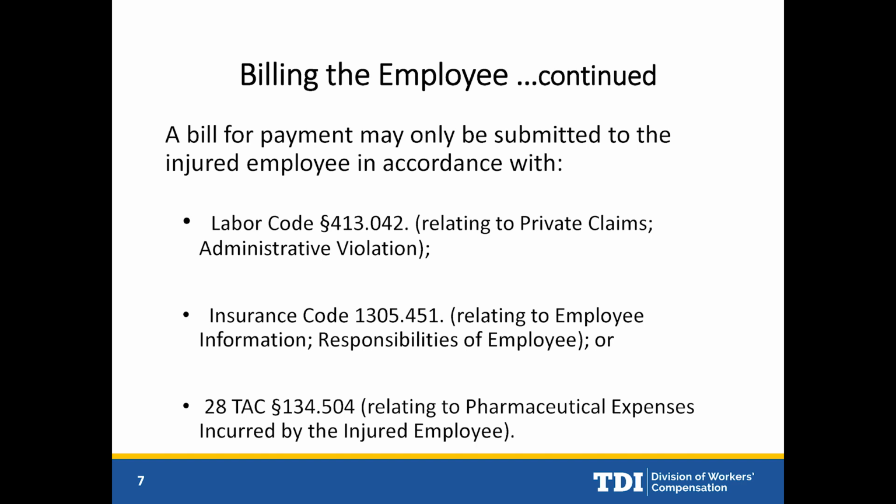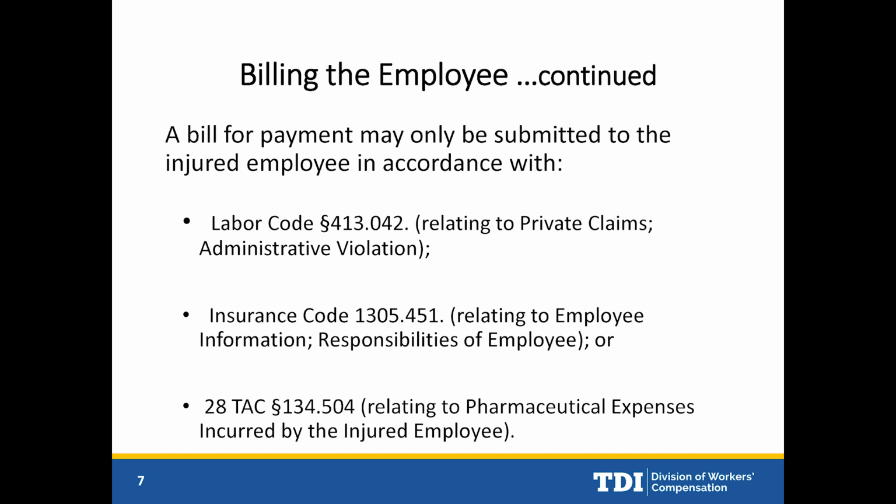Pursuing a private claim, which means billing the injured employee, unless there has been a dispute over compensability or extent of injury, and it's been finally adjudicated by the Division of Workers' Compensation as not compensable or not related to the compensable injury. There are some other exceptions in that statute that you might want to become familiar with.